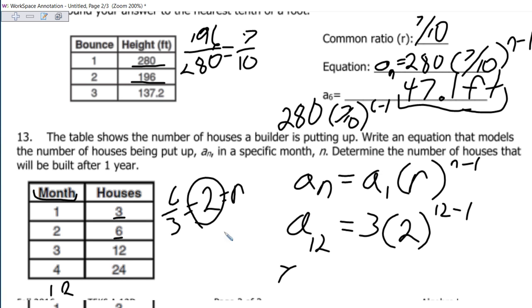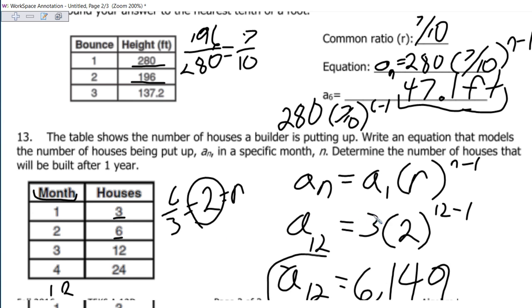So A sub 12 equals, let's see, 2 raised to the 11th power is some ungodly number, and then we multiply that by 3, and that's 6,144. So that is going to be a very, very busy contractor in 1 year.